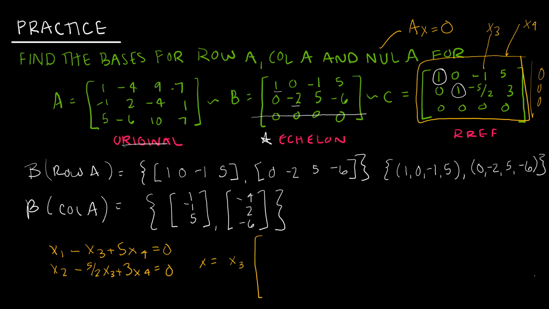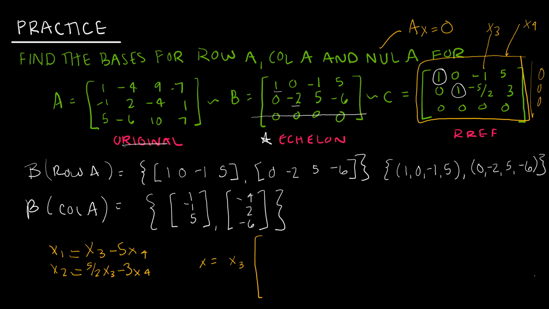x3, and then let's go ahead and rearrange these. So equals positive and negative, and then change that guy to a negative, because we want x1 and x2 in terms of the free variables.